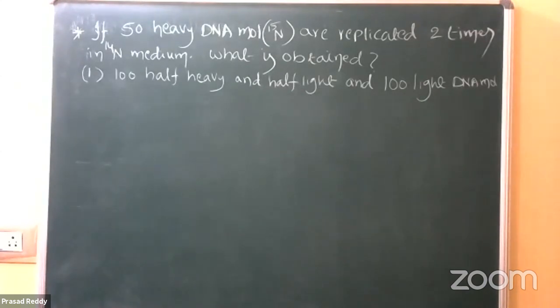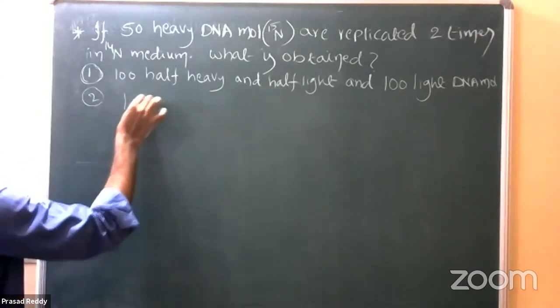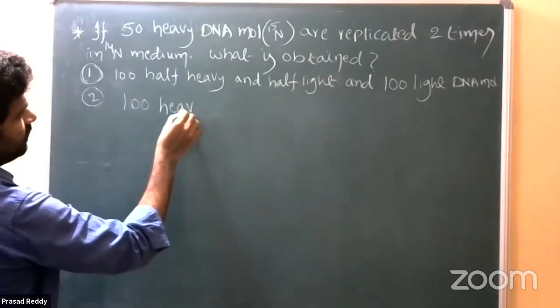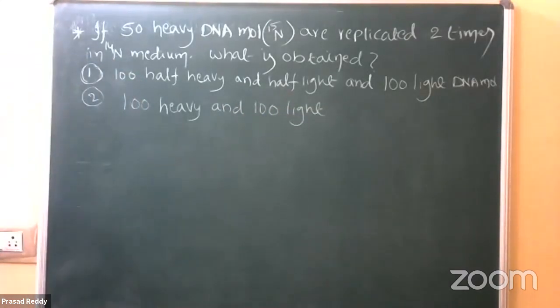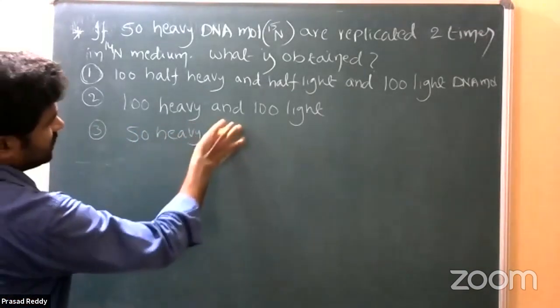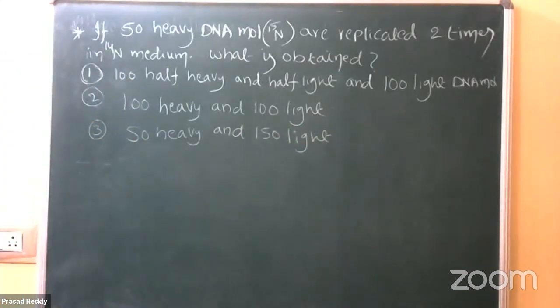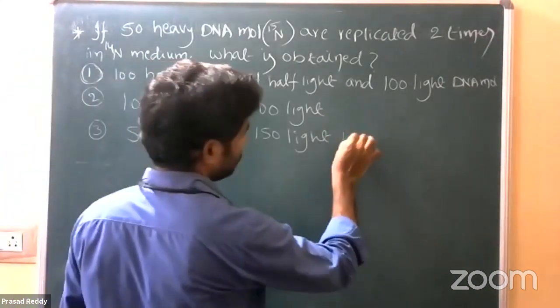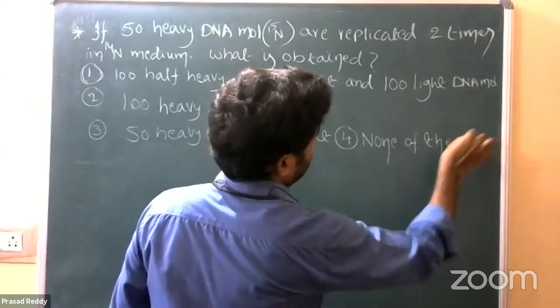Second option: 100 heavy and 100 light. Third option: 50 heavy and 150 light. And fourth option: none of the above.